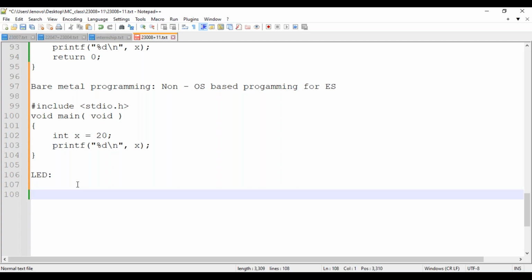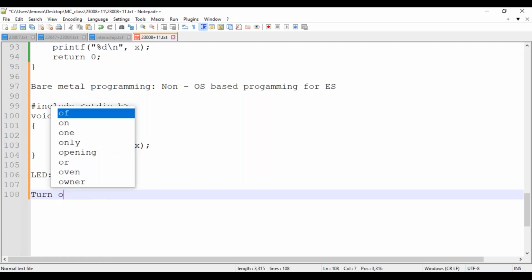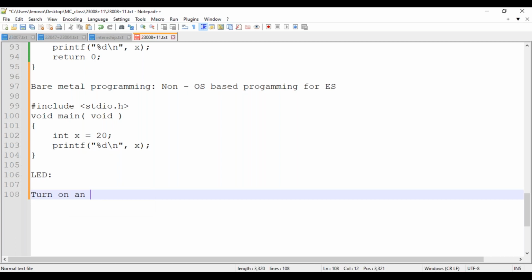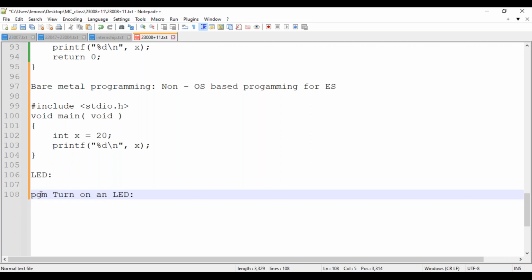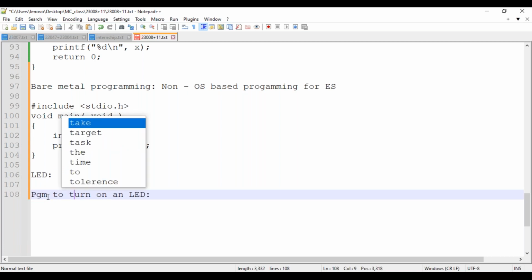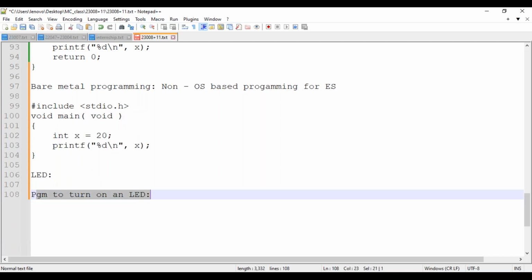My focus is to turn on an LED. So I have to write a program to turn on an LED. So after I write the program to turn on the LED, where will I execute that program?